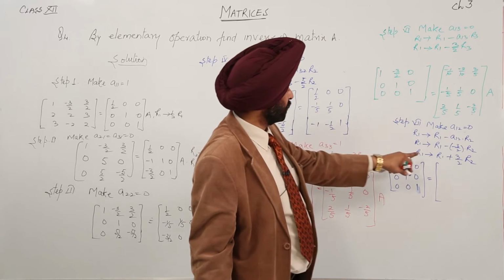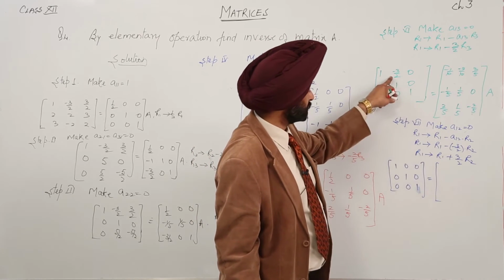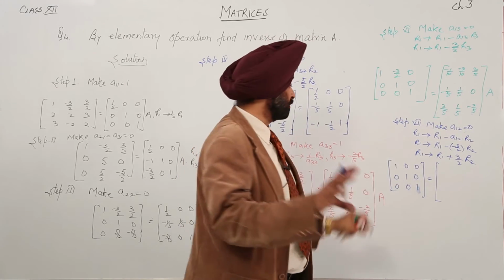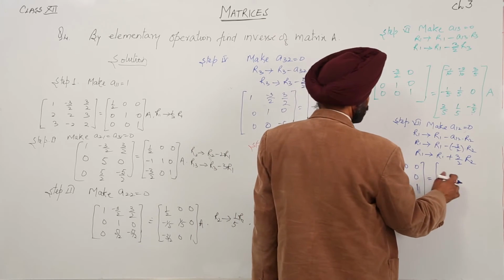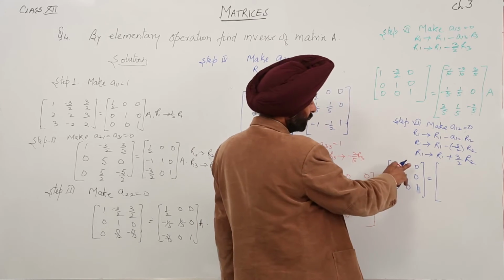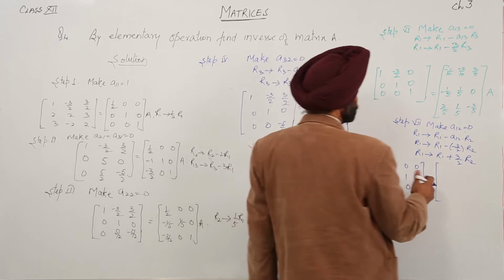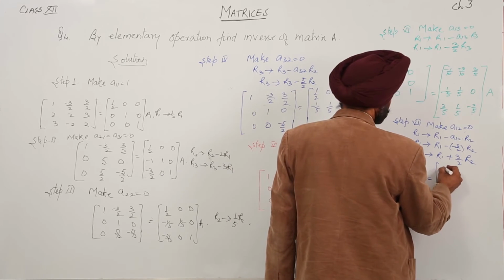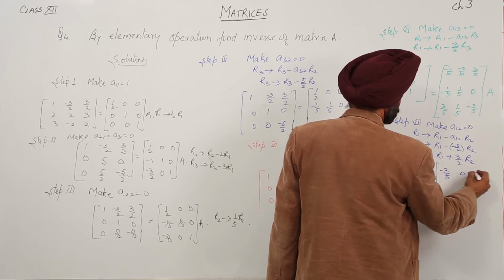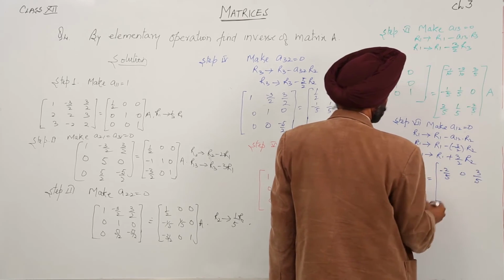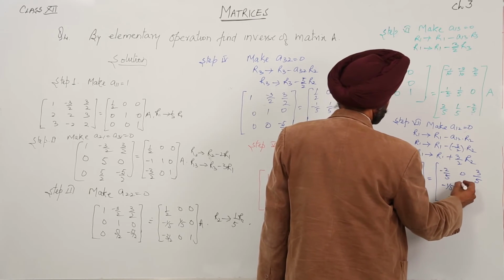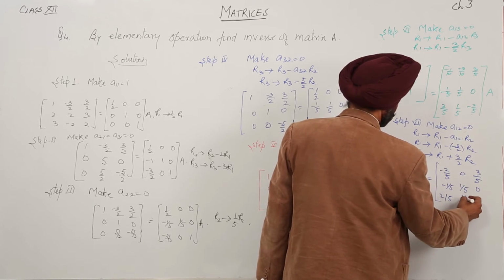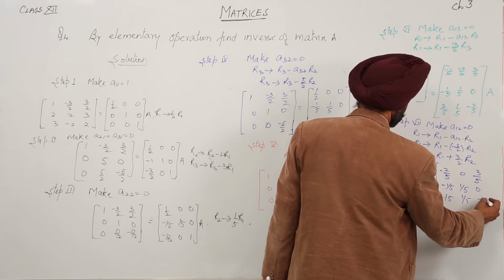now this side, after calculation, R1 is minus 3 by 2 plus 3 by 2 into R2 is 1, minus 3 by 2 plus 3 by 2 again 0. Similarly for the right hand side, after finding R1 it will be minus 2 by 5, 0, 3 by 5, then minus 1 by 5, 1 by 5, 0, 2 by 5, 1 by 5 and minus 2 by 5.